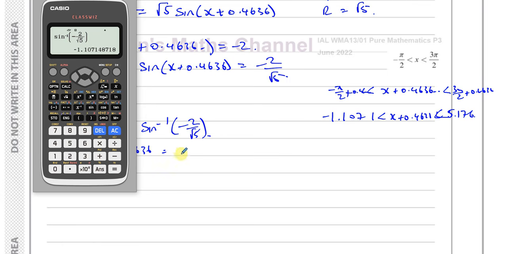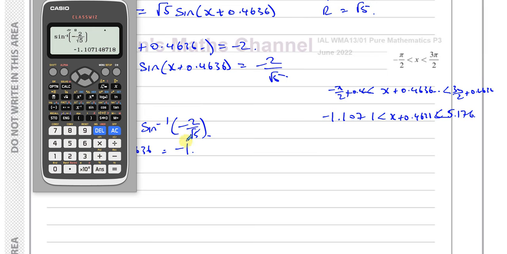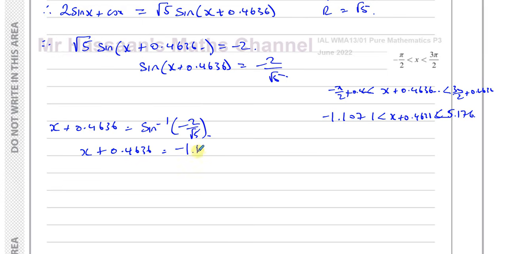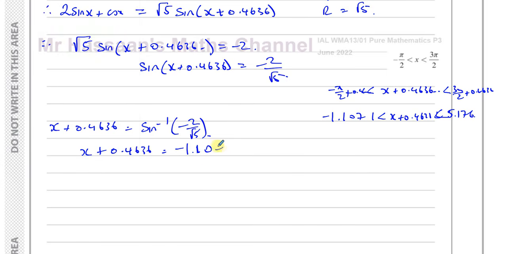That gives me negative 1.1071. Now if I do minus 1.1071 minus 0.4636, I'm going to get negative pi over 2, aren't I?